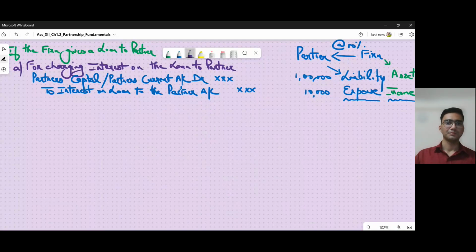The second of them, for transferring the interest on loan to the partner's account.